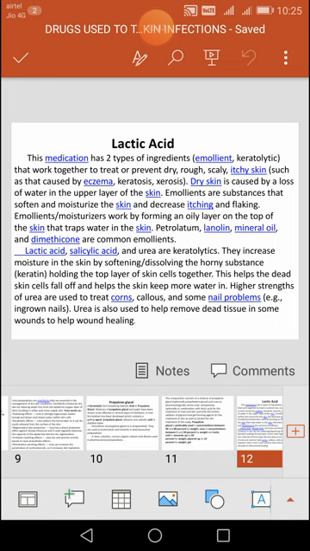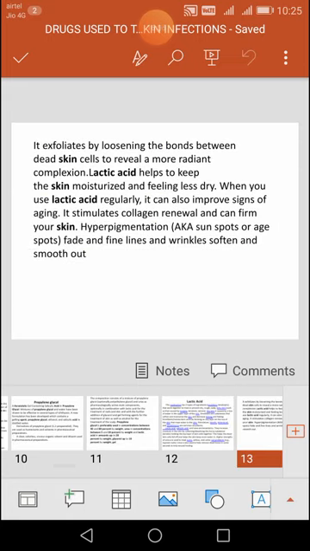This helps the dead skin cells fall off and helps the skin keep more water in. Higher strengths of urea are also used to treat corns, calluses, and nail problems. Urea is also used to help remove dead tissue in some wounds to help wound healing.